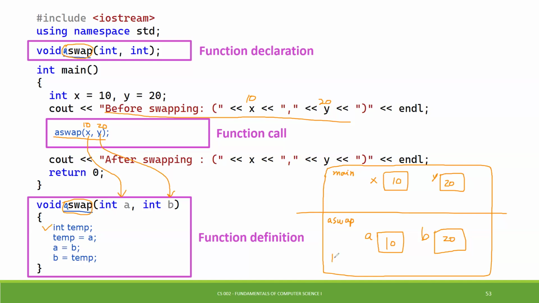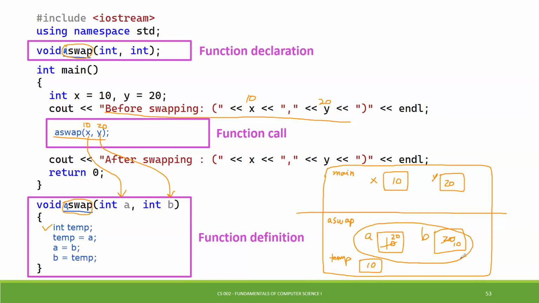Temp is created in this area. So here A to temp, B to A, and temp to B.